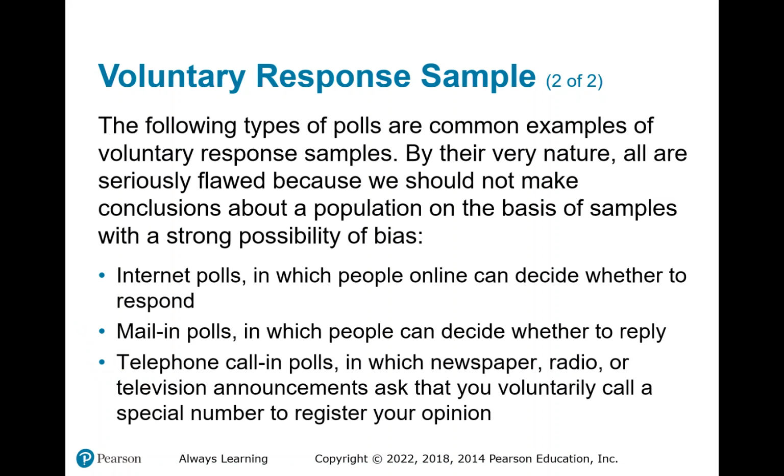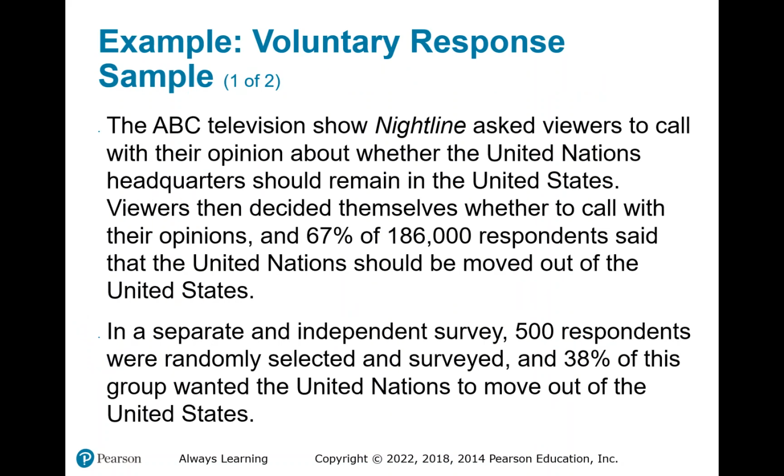In our next scenario, we're going to compare two different sampling methods and see which one will give a better result. The ABC television show Nightline asked viewers to call with their opinion about whether the United Nations headquarters should remain in the United States.